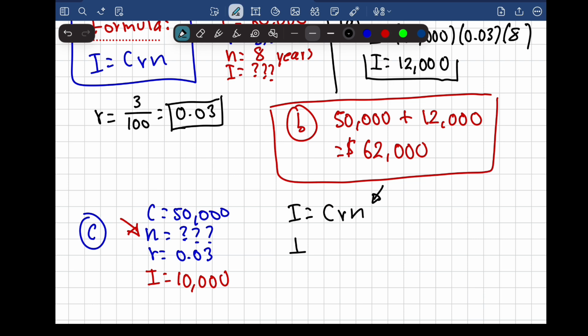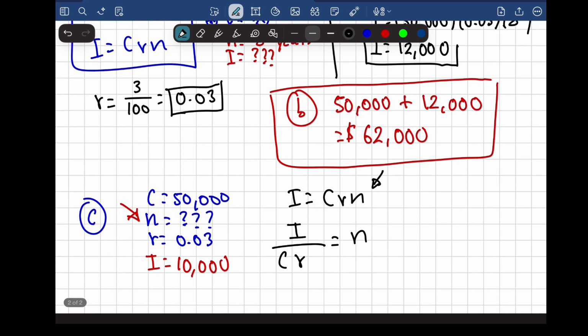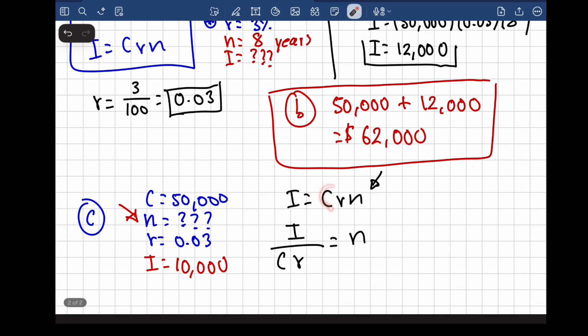So the interest is going to be divided by the capital times the R, the interest rate. This is going to be the number of years. Remember, we always use the opposite operation. In this case, they are multiplying, and then here they are dividing.